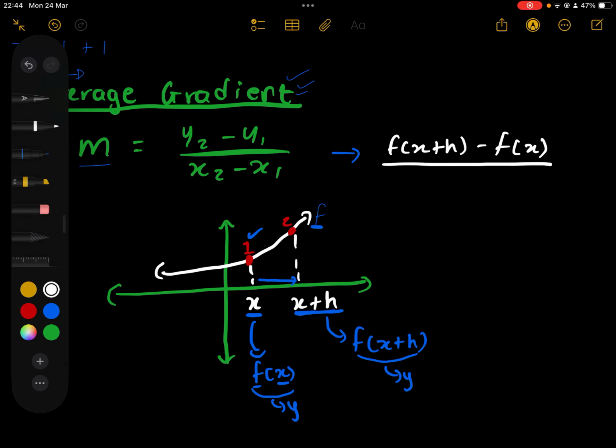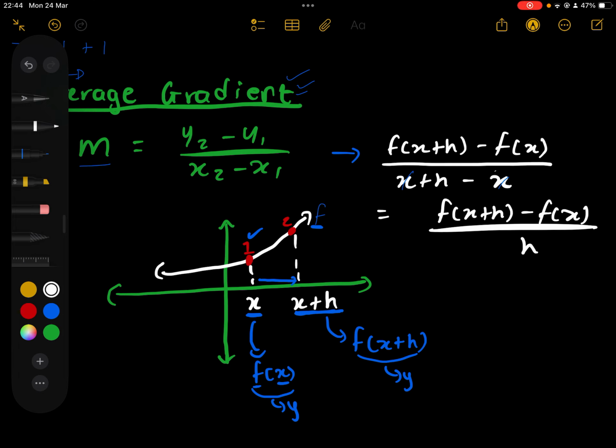We have the x values: the one that is x plus h, minus the one that is x. So the x's will cancel each other. At the end you're gonna have f of x plus h minus f at x, all over h.